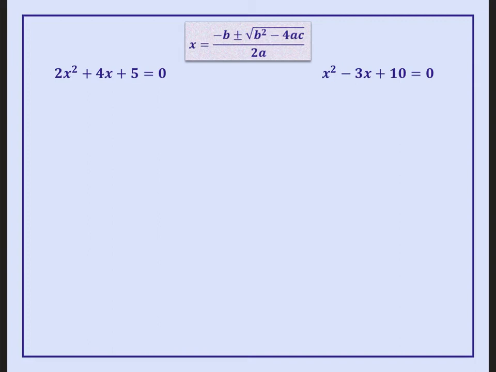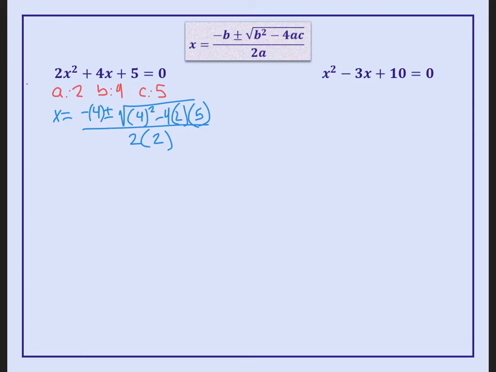Okay, our last ones for the day. So I'm going to go ahead and work out the one on the left. We have A is 2, B is 4, and C is 5. I'm going to go ahead and plug all of those numbers into where they are supposed to be. You can see that I plugged in all the numbers. My next step is going to be to get rid of the parentheses.